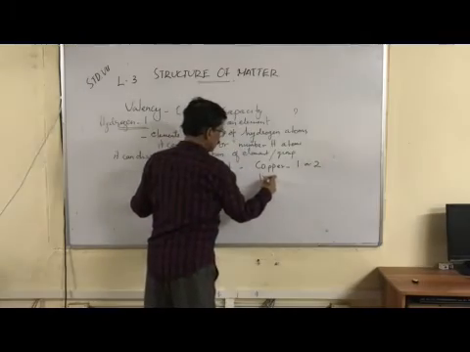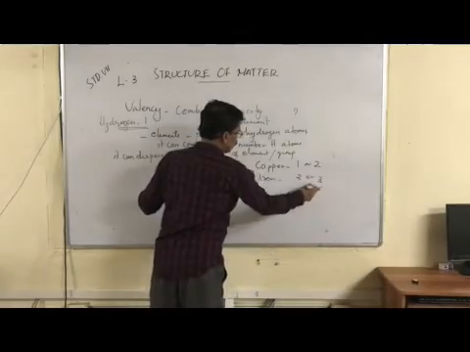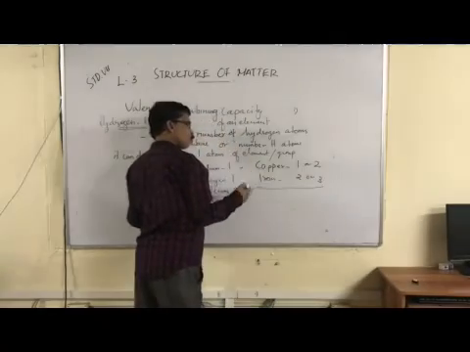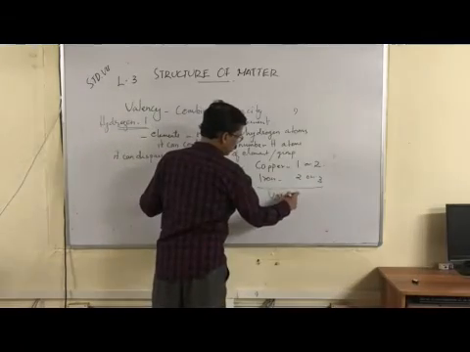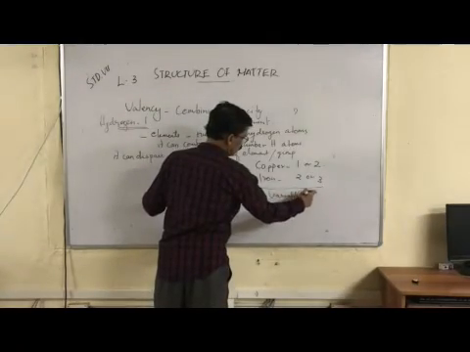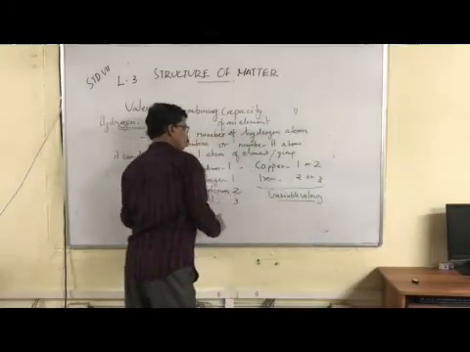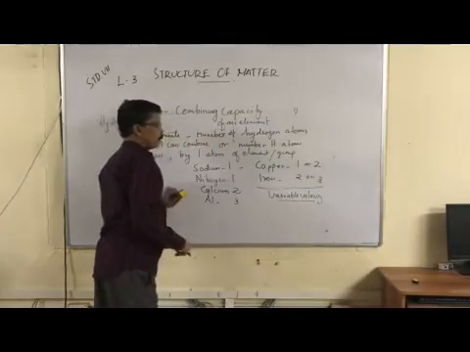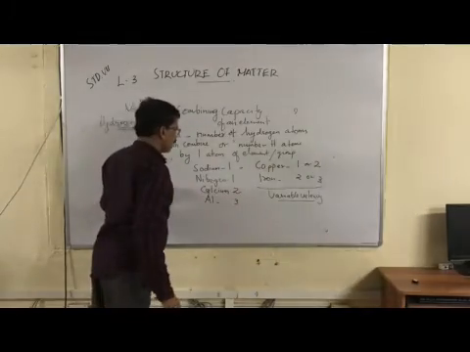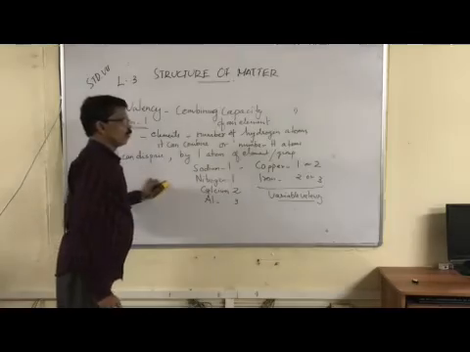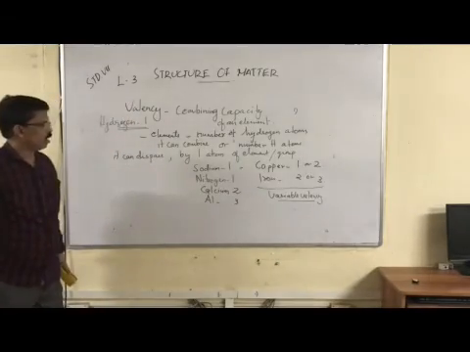Then iron, Fe, valency may be 2 or 3. Having more than one valency is called variable valency. So what is variable valency? The elements having one or more valencies, copper 1 or 2, then iron 2 or 3. Such elements with more than one valency have variable valency.